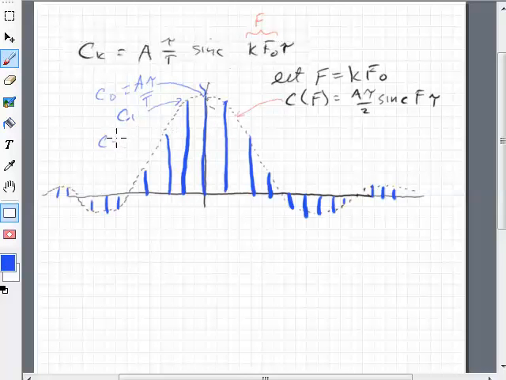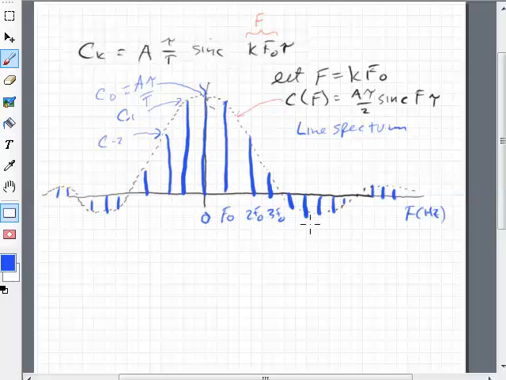And this is C minus 2 right there. So we see that we get these spectral lines. It's a line spectrum. And these lines occur at 0, F0, 2F0, 3F0, etc. Okay, and this is frequency in hertz.